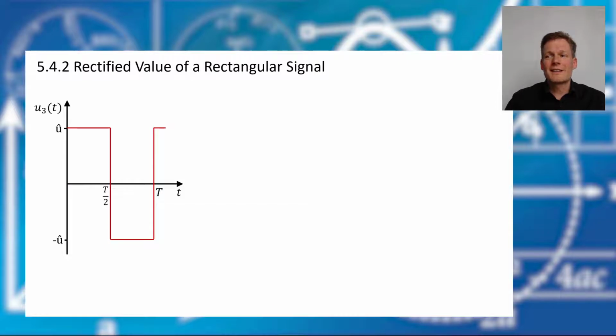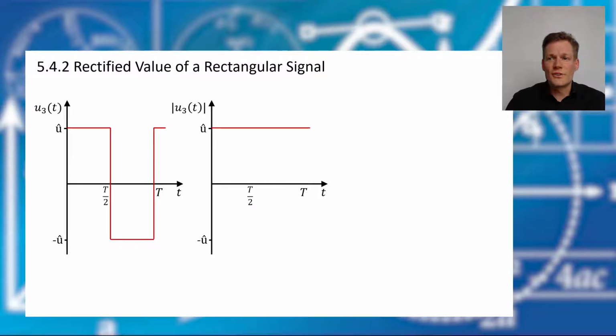And in the end, let's have a look at our rectangular signal. This is quite easy again, because if we rectify this, it just becomes a constant voltage.